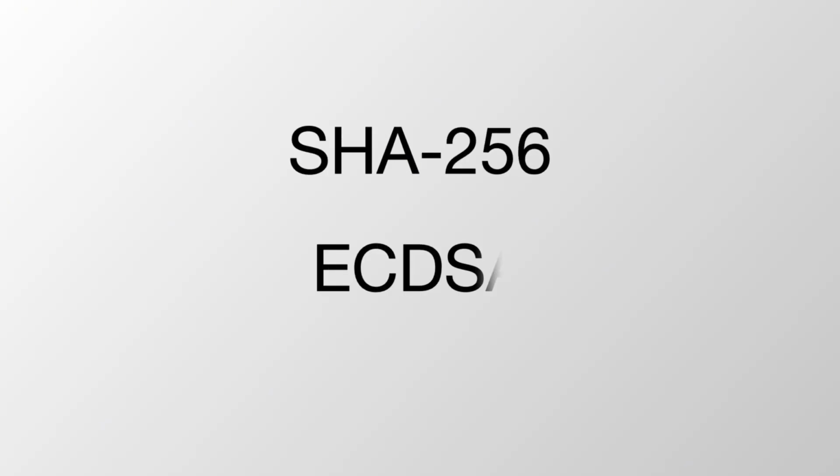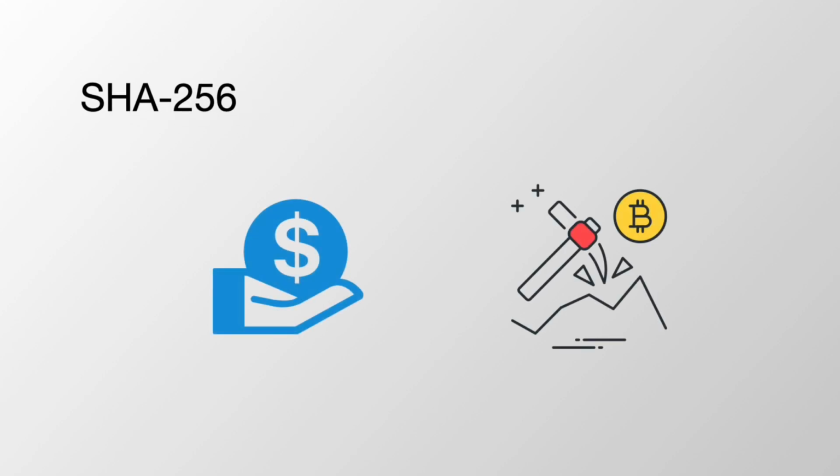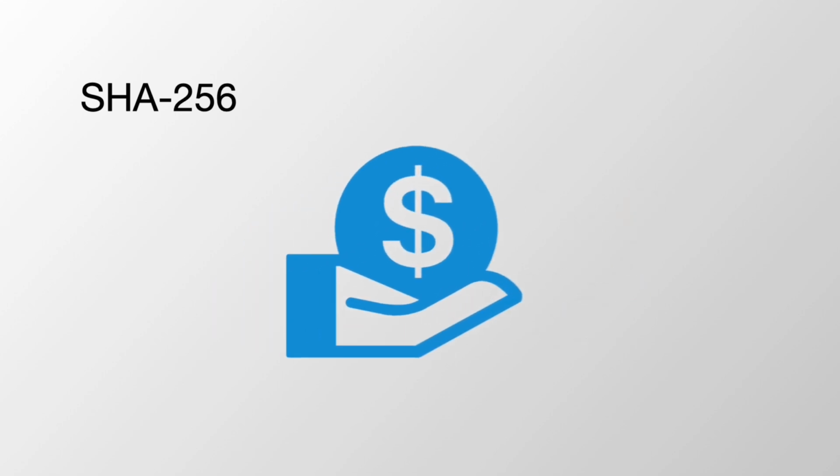Bitcoin uses two encryption methods, SHA-256 and ECDSA. SHA-256 is a cryptographic hash function used in Bitcoin primarily for two purposes: hashing transactions and mining. Each transaction in Bitcoin is hashed using SHA-256.